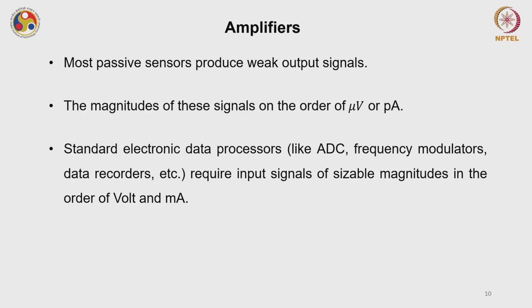So standard electronic data processors, including ADCs, frequency modulators, data recorders, DACs or anything else, require input signals of a good magnitude: a few volts, or at least a few millivolts, and in terms of current some milliamps or some amps. So the output from the sensor cannot be fed directly into the next stage, maybe a data processing step or a data acquisition step.